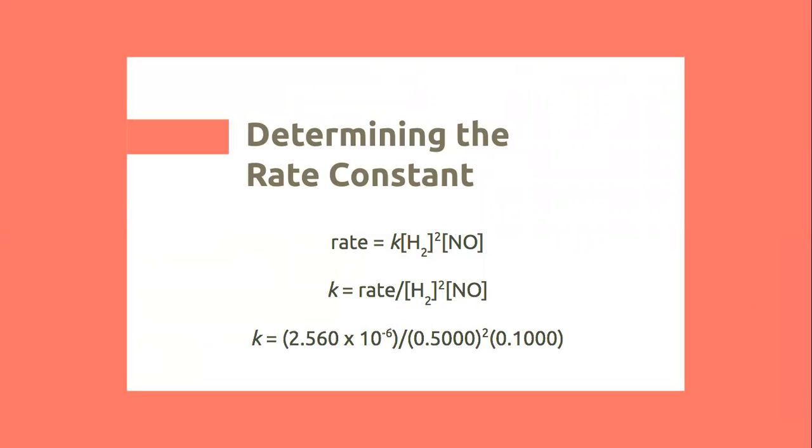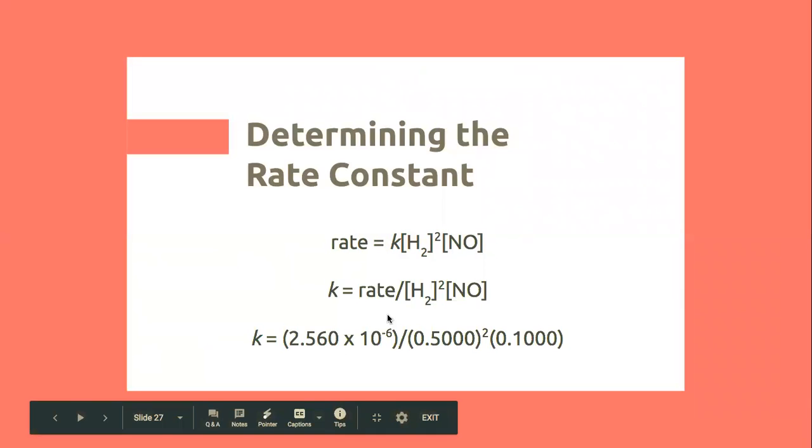Then if we plug in some numbers, you'll see here that I chose to use that very first rate. So I just take that rate divided by the concentration of H2. And once again, that is not squared. I typed this wrong.